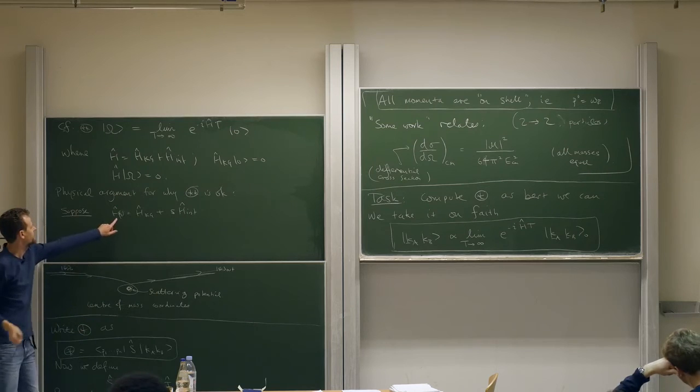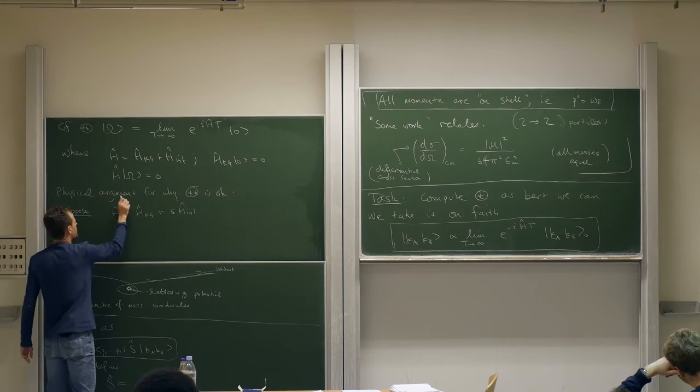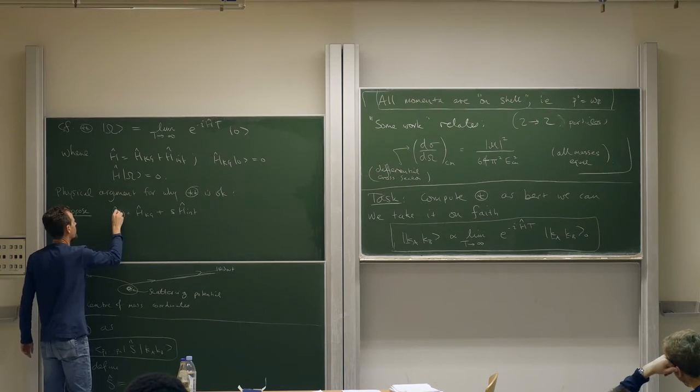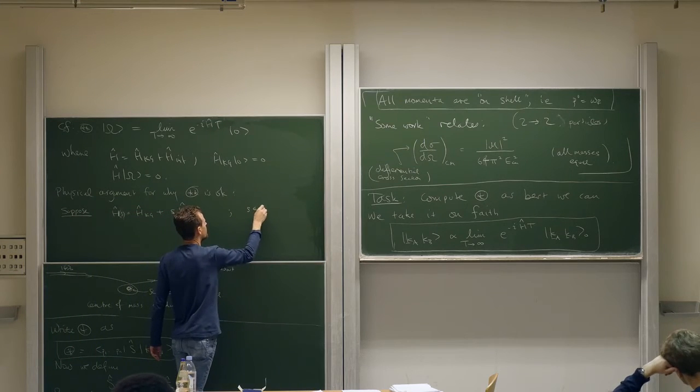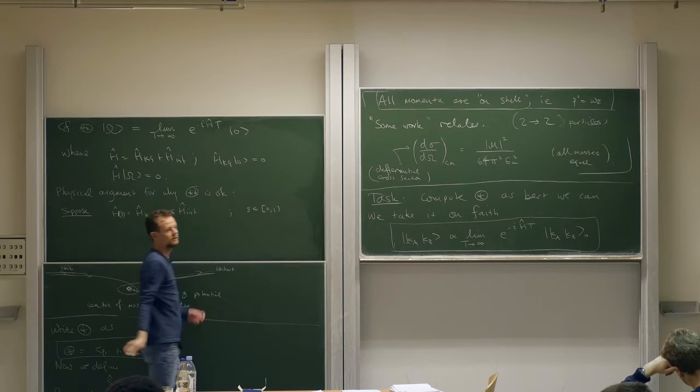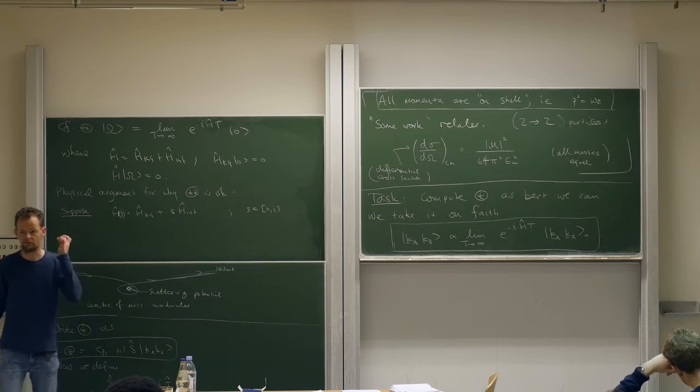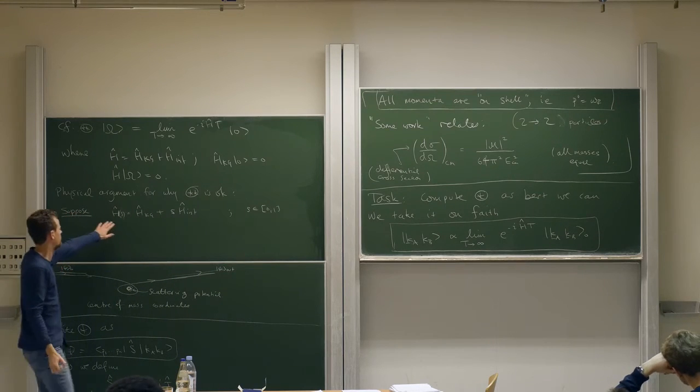So suppose you set up this Hamiltonian H depending on this parameter S. When S is 0, you have the Klein-Gordon Hamiltonian. When S is 1, you have your phi-4 theory Hamiltonian.